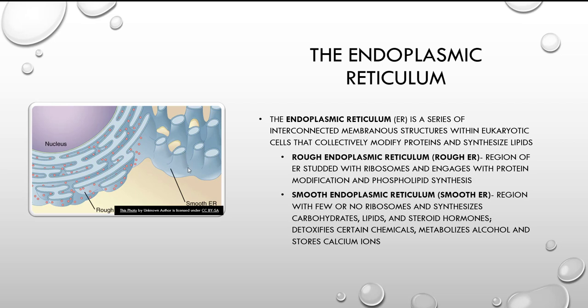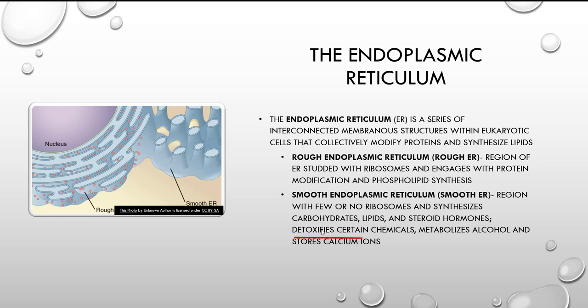The smooth ER, notice there's hardly any, if any, ribosomes. Okay, so they're not making any proteins, right? So instead, they are synthesizing carbohydrates. They're making the lipids. So whatever lipids are made here can go through the rough ER to be modified into phospholipids and things like that. They can make hormones. So steroids are a type of lipid. So steroid hormones.